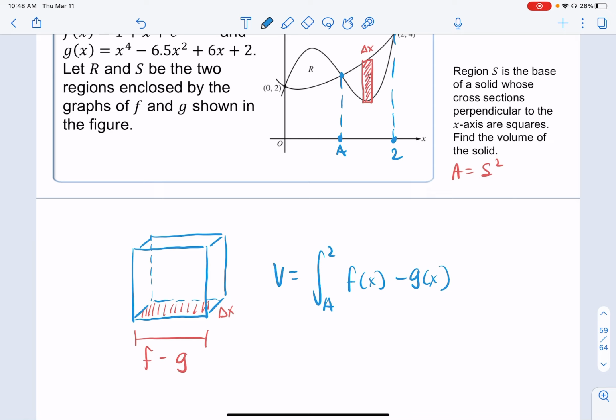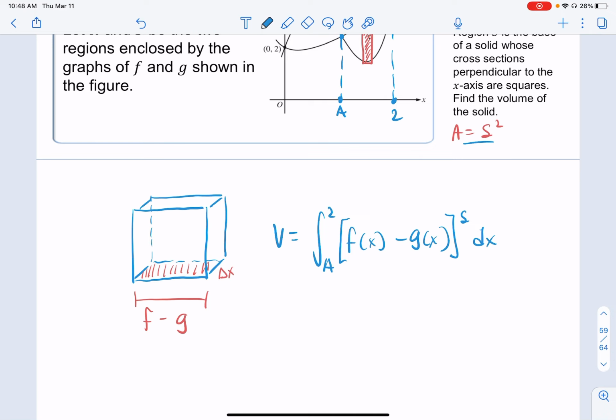There's our side length. We'll need to square that because, again, here's our area formula. Oops, I raised that to the s power. There we go. As long as s is equal to 2, it's right.